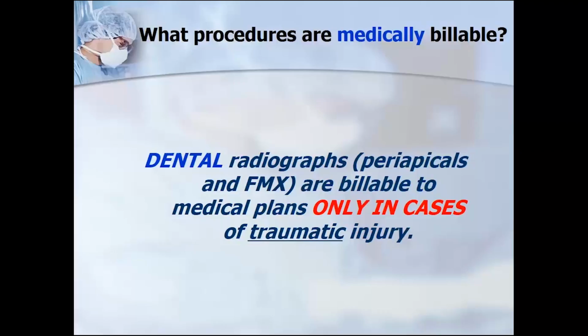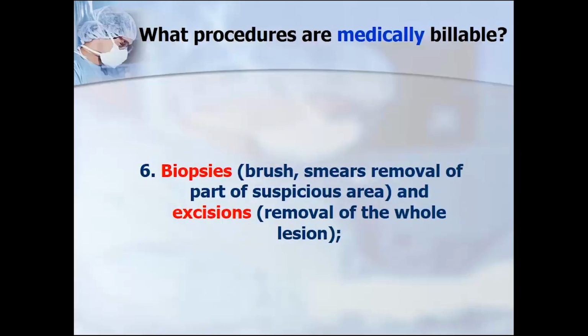Dental radiographs, the periapicals, and full mouth x-rays are only billable to medical plans in situations involving traumatic injury. There are exceptions where they also may be paid in cases such as bulimia or ectodermal dysplasia, where a medical underlying condition exists.